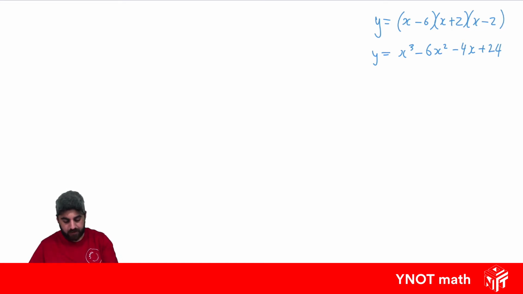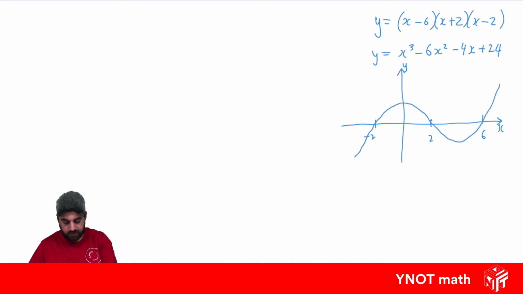I'm going to graph it out just so we can visualize what's happening, but you'd be using the first and second derivatives to graph it out yourself. So these will have intercepts at minus 2, 2, and 6. And we get something looking like this for our curve.